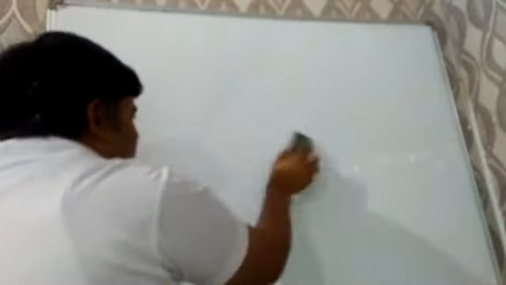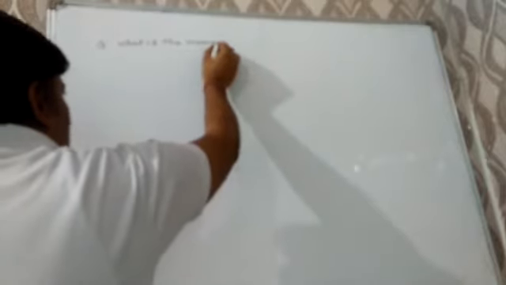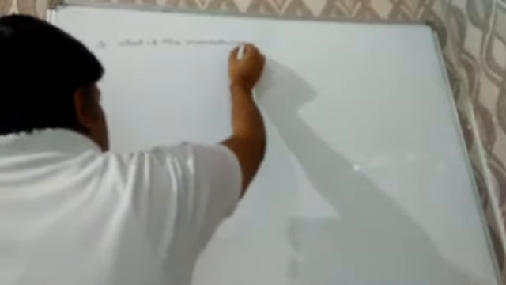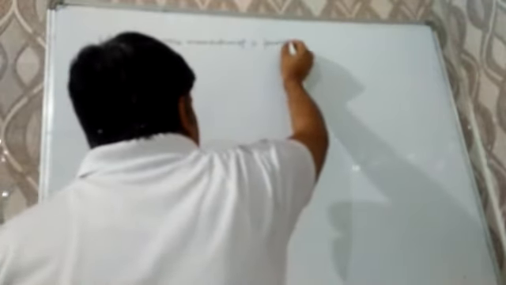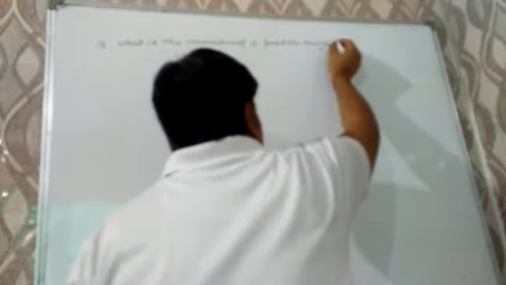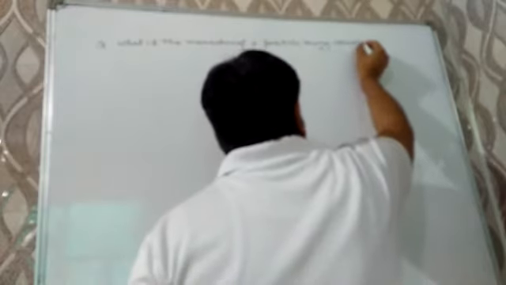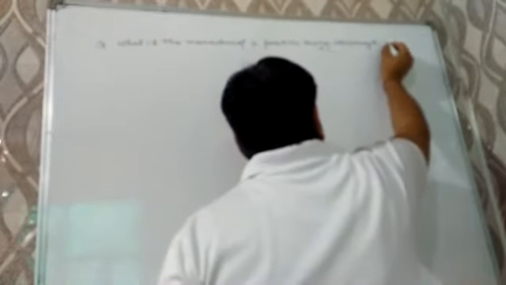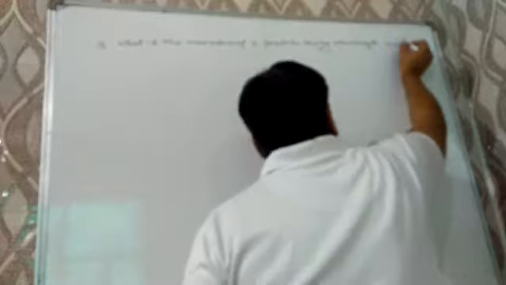The first numerical is, what is the momentum of a particle having wavelength 10 angstrom?